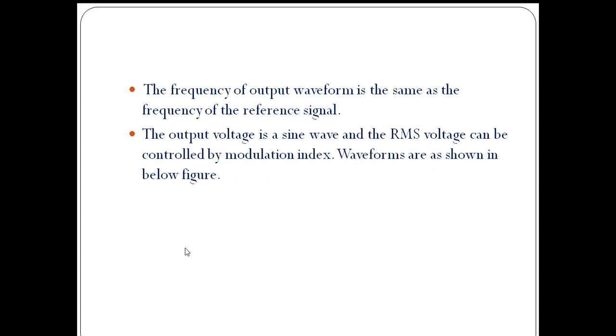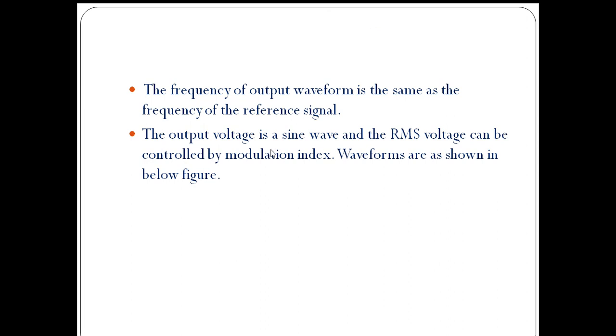In the earlier case, the width of the pulse was almost constant, but here it will be changing. The frequency of the output waveform is the same as the frequency of the reference signal.